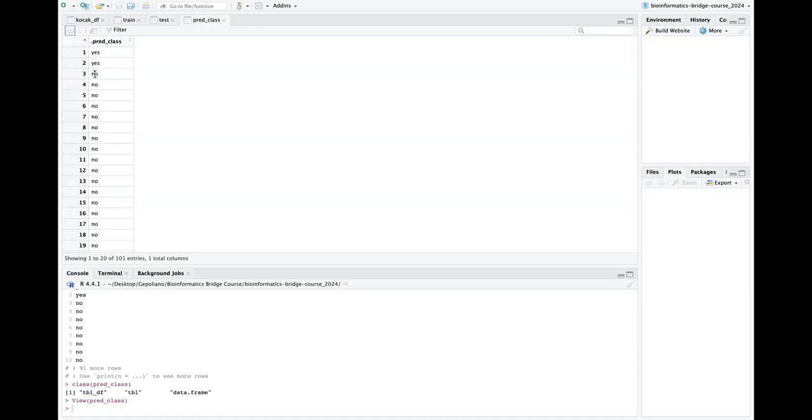This person was not high risk. And this was not, and so on and so forth. So I'm really interested in understanding how the model and how R was able to predict to me whether a person is high risk or not high risk.